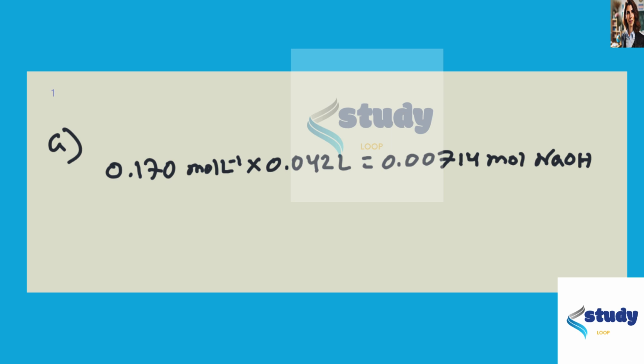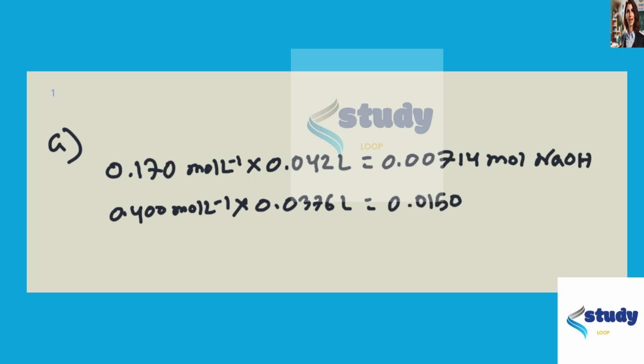And for the second solution, we have the concentration as 0.4 mole per liter, and we have the volume as 37.6 milliliter or 0.0376 liter, and this will give us a number of moles of 0.0150 mole NaOH.